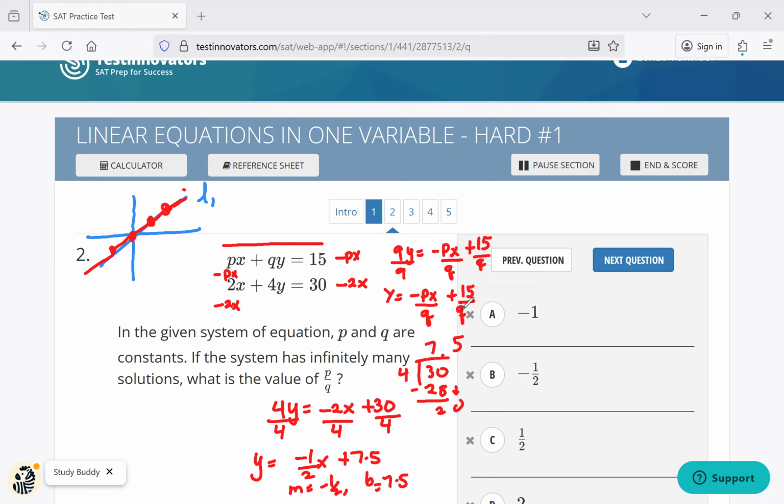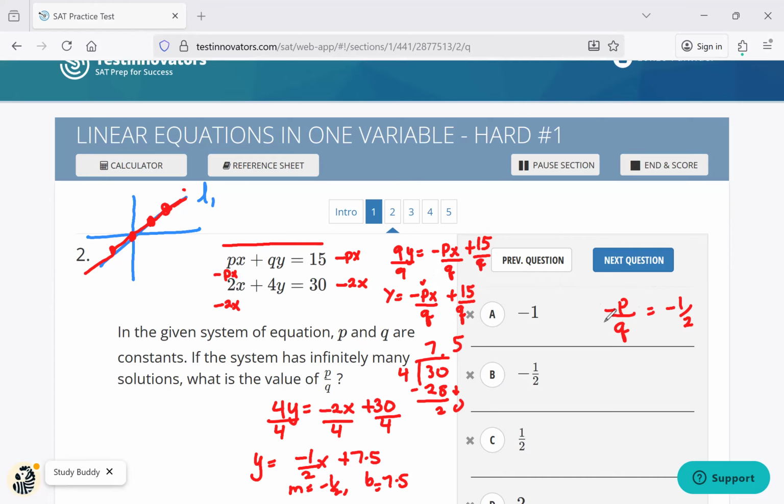Okay, so that means, let's see, we're almost there. They want to know what the value p over q is. So we have this right here. We have negative p over q is equal to negative 1 half.